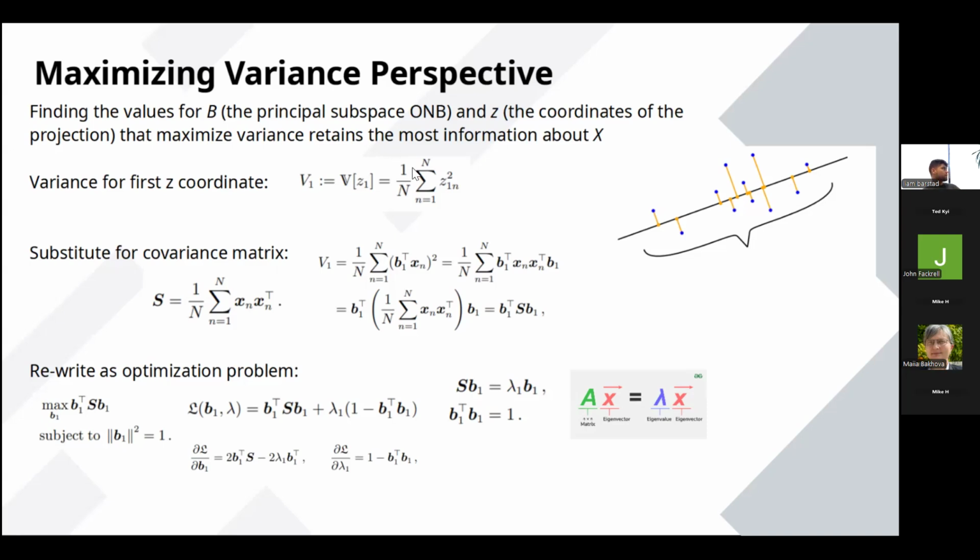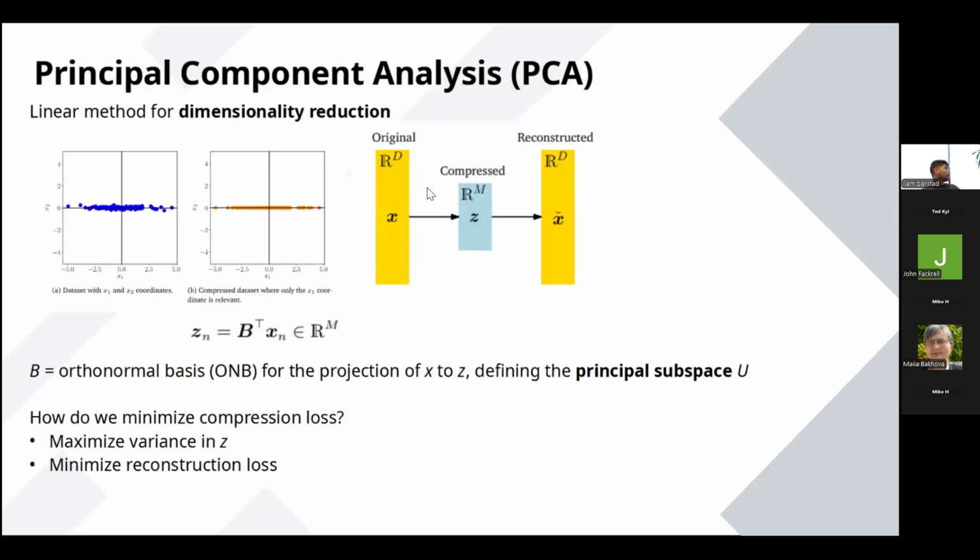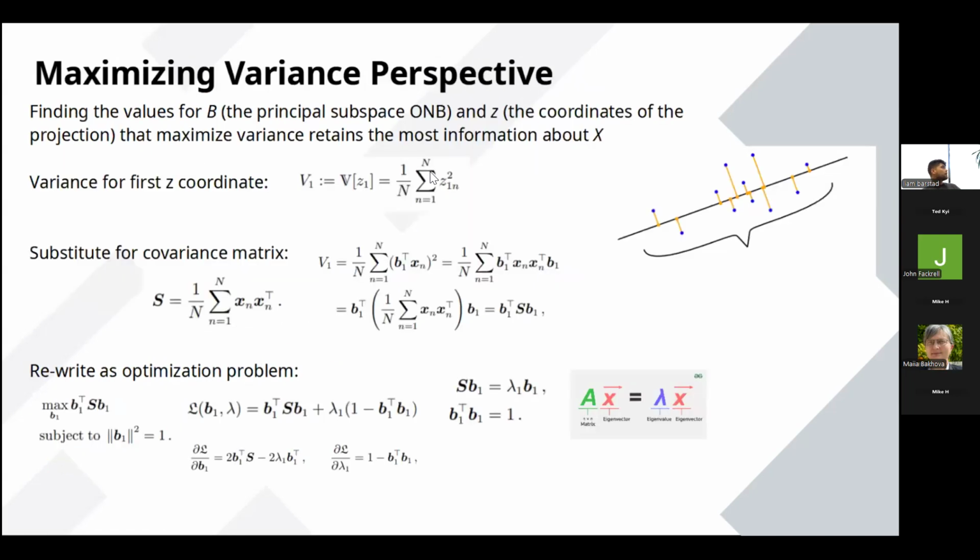So for the first coordinate, if you'll remember from the last equation, every z coordinate is basically an x coordinate in a different coordinate system. Then the variance of those z coordinates is just the mean of each coordinate squared.